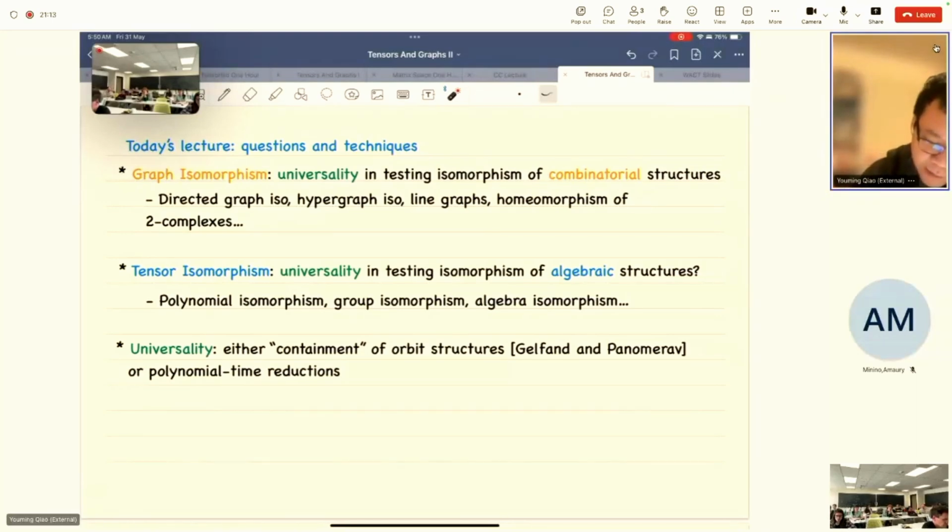This then leads to a natural question: what would be the role of tensor isomorphism in the realm of testing isomorphism of algebraic structures, right? So we are hoping to show that it's also somehow versatile in some sense.